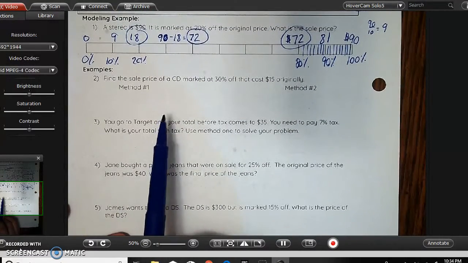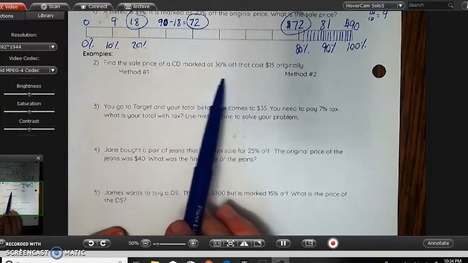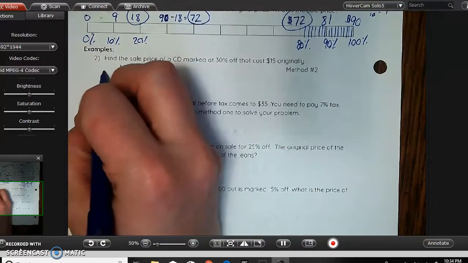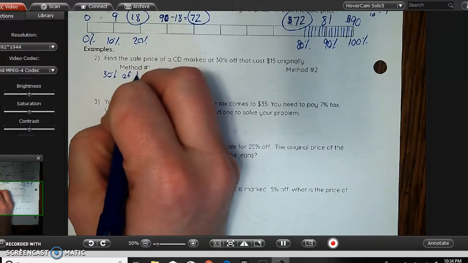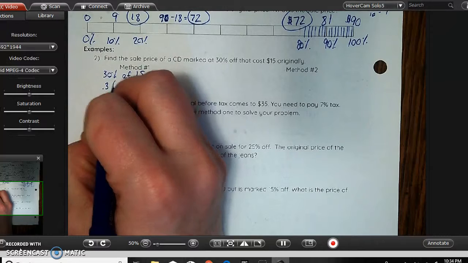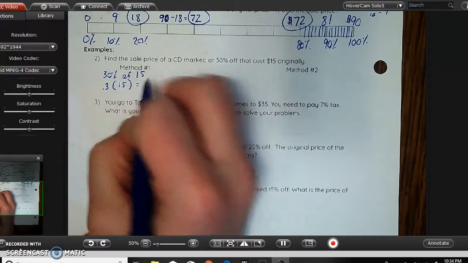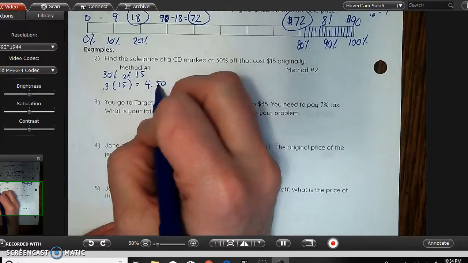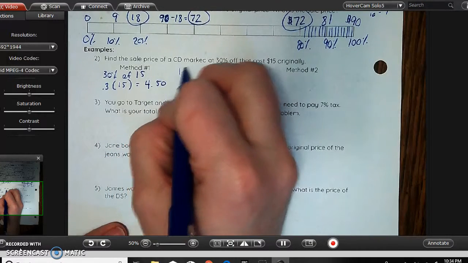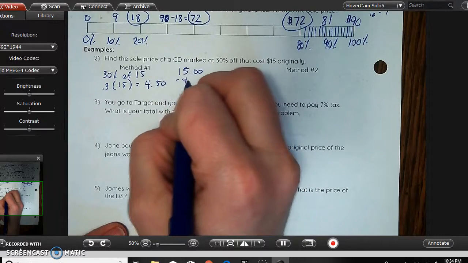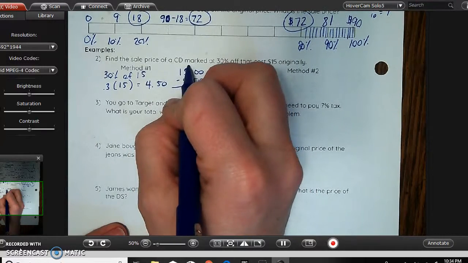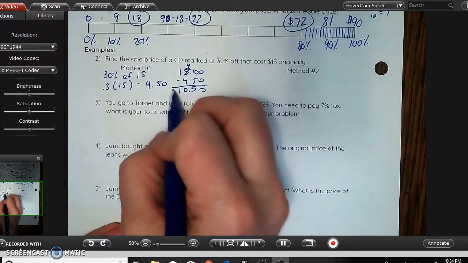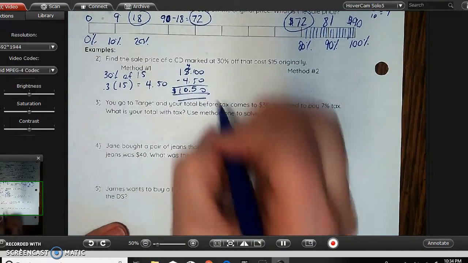This next one says sale price of a CD marked 30% off that cost $15 originally. If I use method 1, I'm going to find 30% of 15, which is $4.50. And then I'm not paying $4.50, so I have to do $15 minus $4.50, and I find out that I'm paying $10.50.